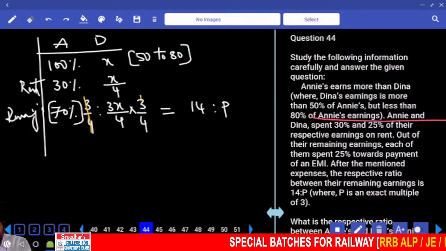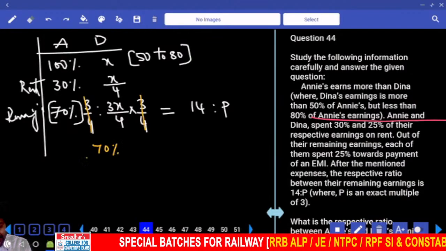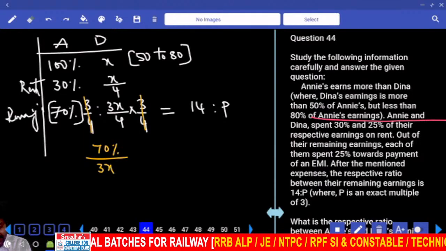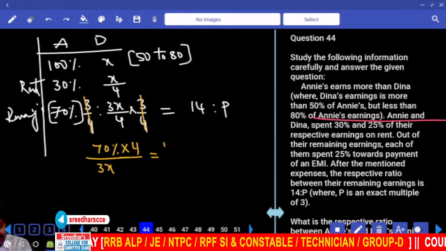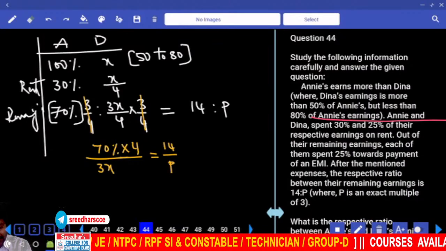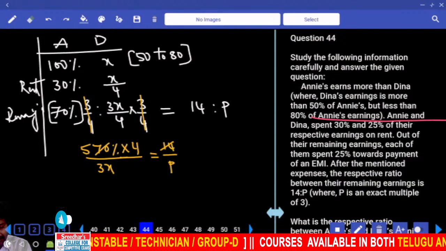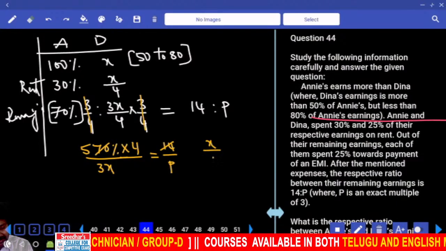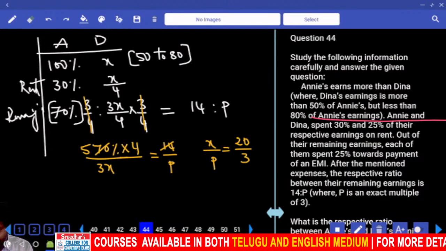3 by 4, 3 by 4 cancel. 70% by 3x by 4 comes to numerator is equal to 14 by P. 14 5 times. From this, x by P is equal to 20 by 3.